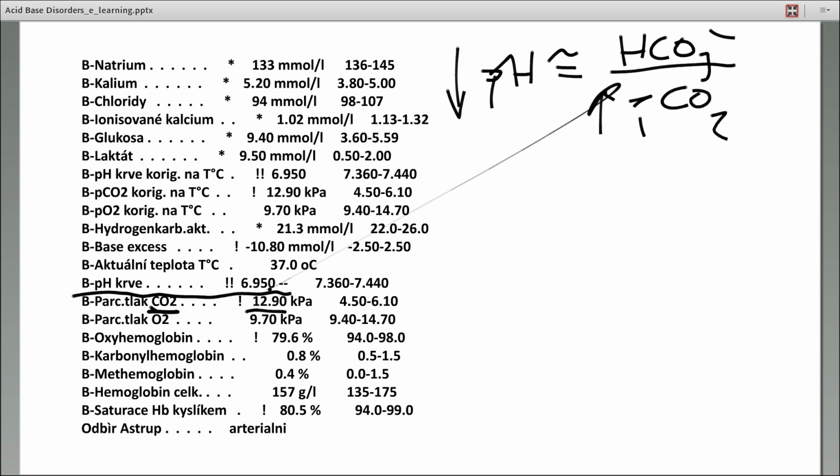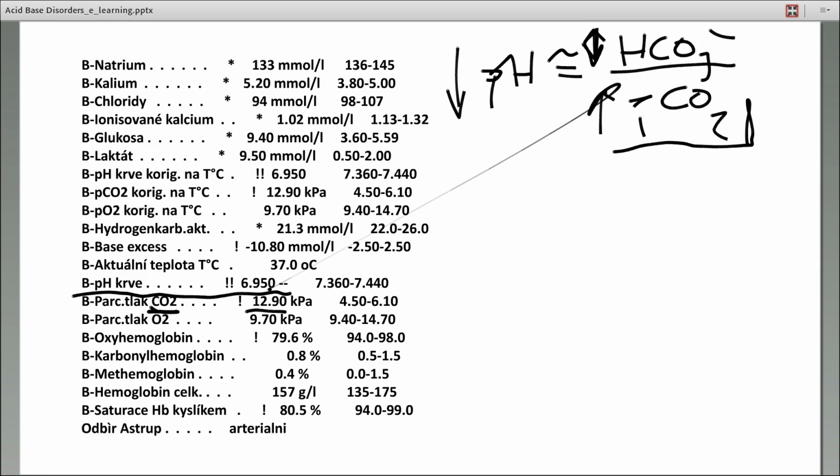Then we look for bicarbonate, because if we have a primary change in PCO2, we would expect that bicarbonate would compensate for that change so that pH normalizes. Sorry, it goes in the opposite direction.